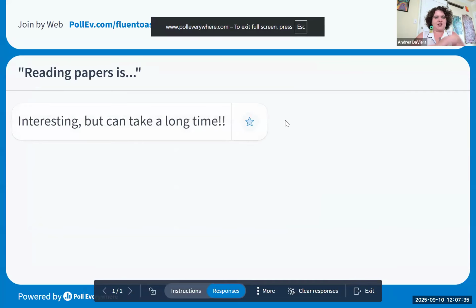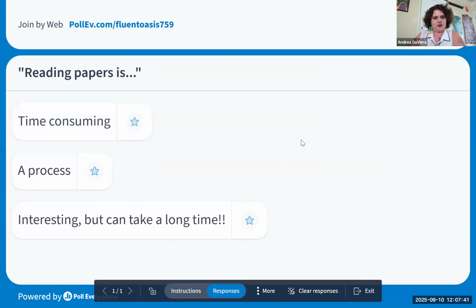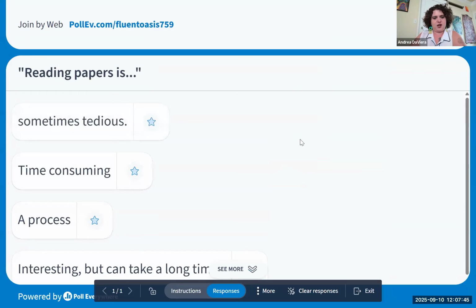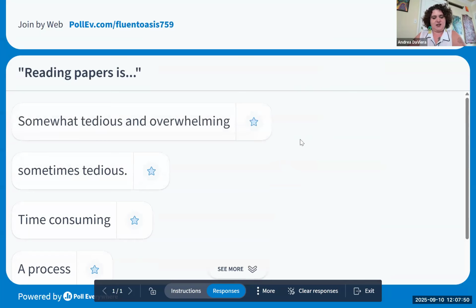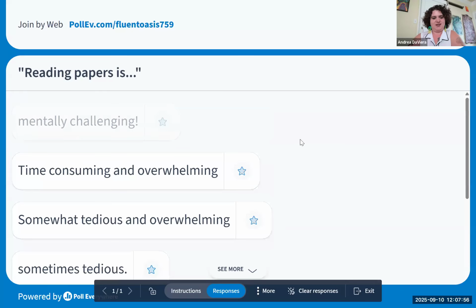Okay. Interesting, but can take a long time. A process. Time consuming. Sometimes tedious. Tedious and overwhelming. Time consuming and overwhelming.